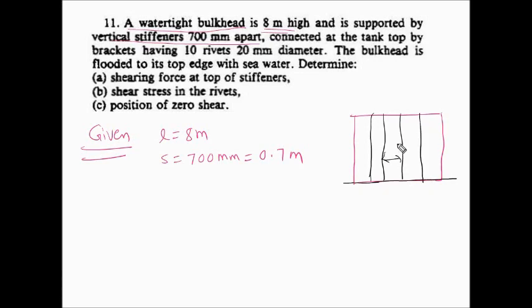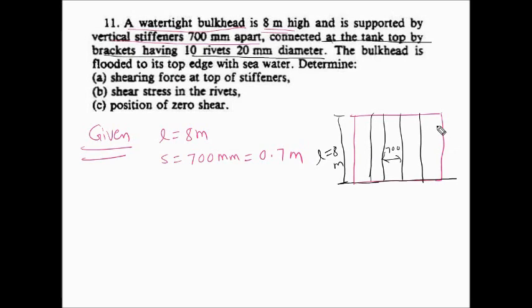The gap between the stiffeners is given as 700 mm. The depth of the bulkhead is 8 meter. Now what they are saying, this bulkhead is connected at the tank top by brackets having 10 rivets of 20 mm diameter.